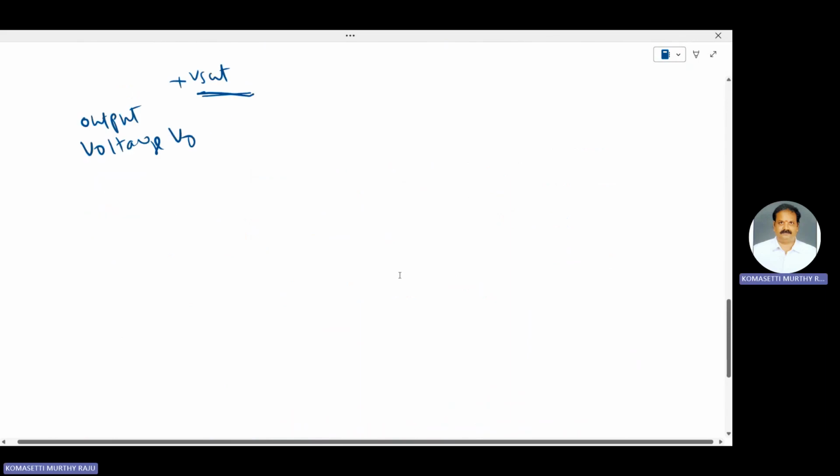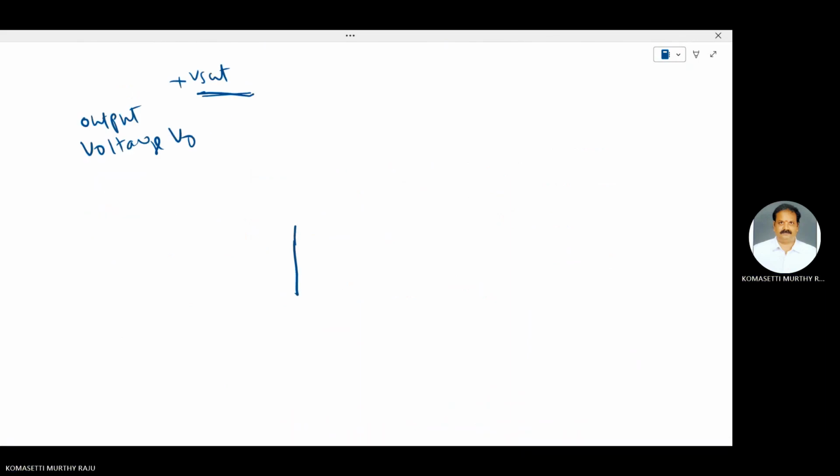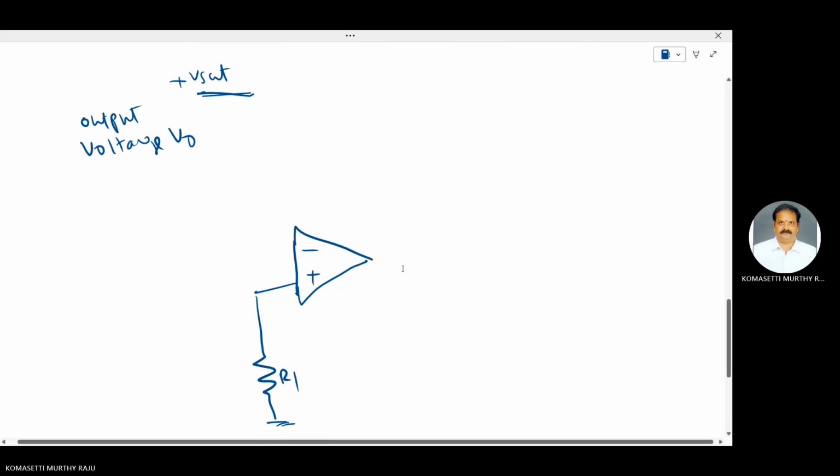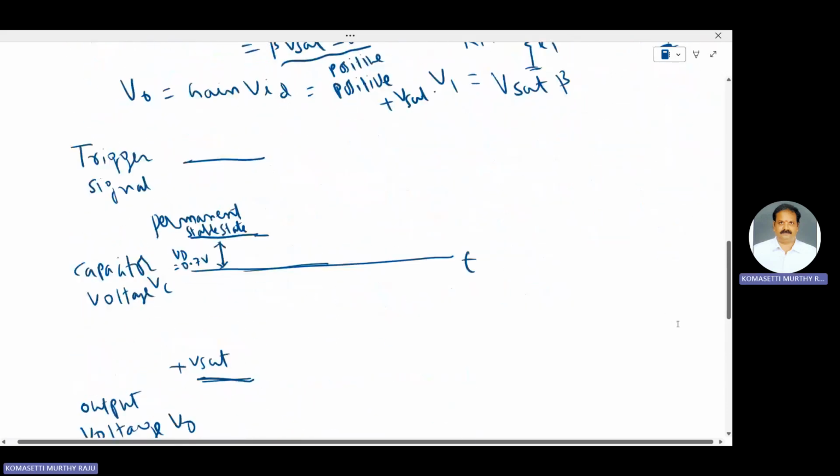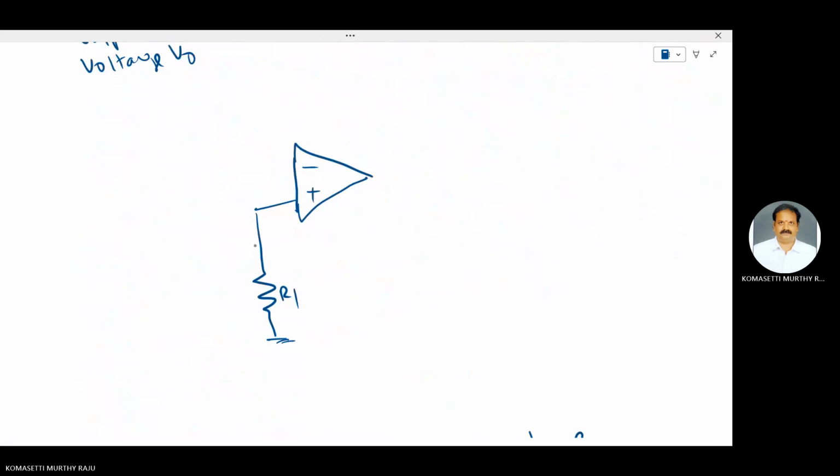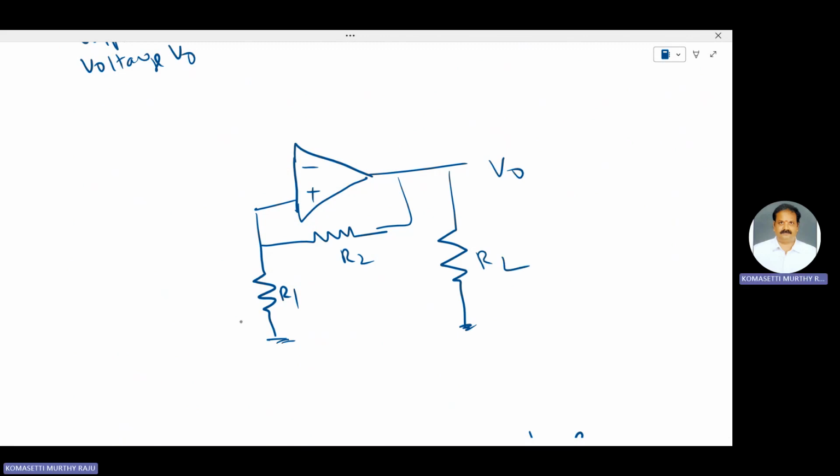Here again, now draw this circuit. Minus, plus, R1, R2, V0, RL. Here some negative going pulses reach this point.